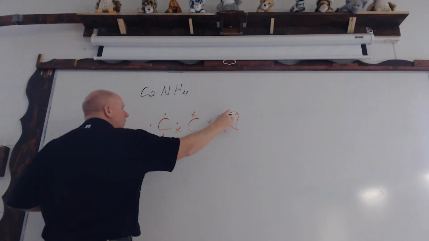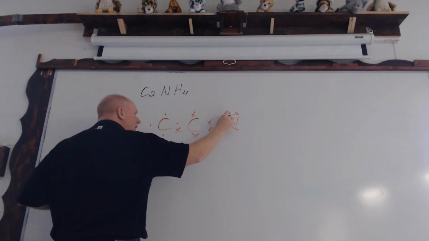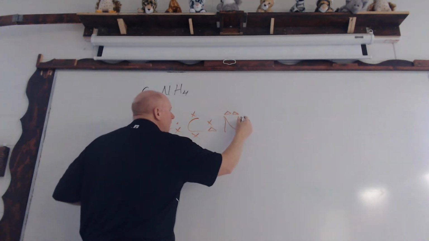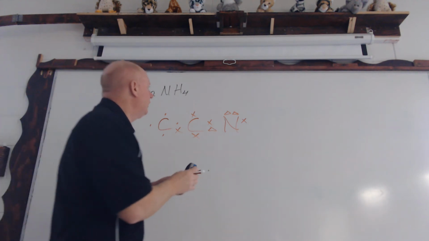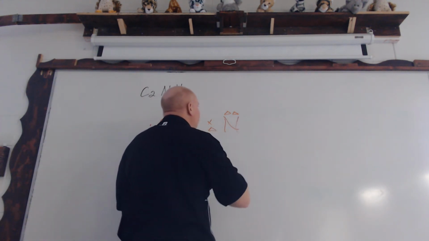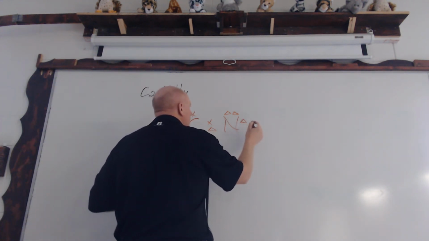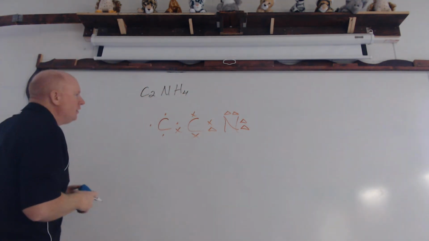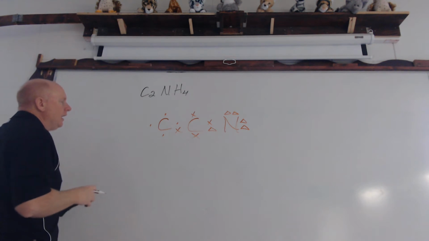Got a pair of unshared pairs of electrons. 1, 2, 3, probably 4. Oops, want a triangle there. 5, and then notice we've got 4 hydrogens to contend with.